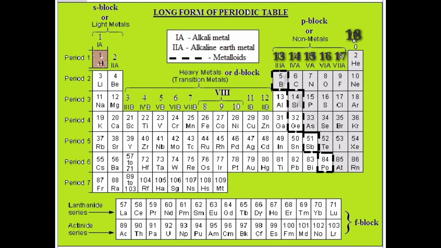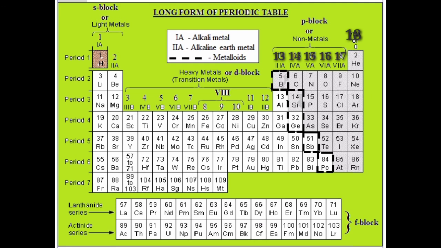So if you see carefully, after 56 there is one box given in which elements 57 to 71 are not given. There is a star mark only. Same for 89 to 103, there is a hashtag mark. So these are the lanthanide series and actinide series, which are given below.